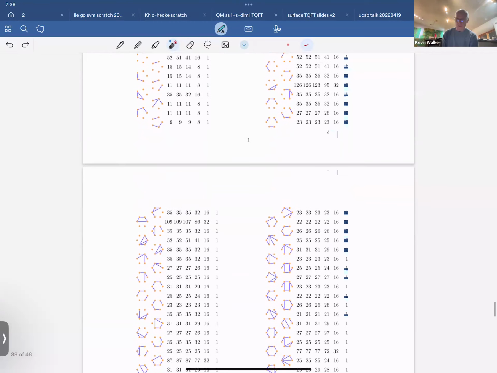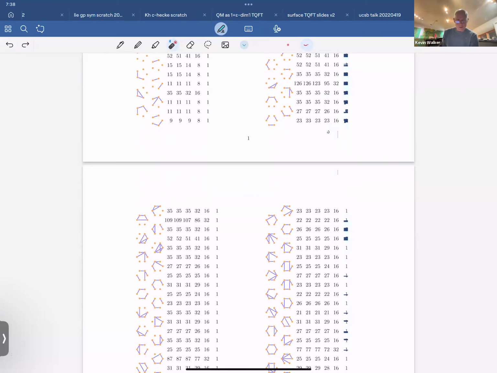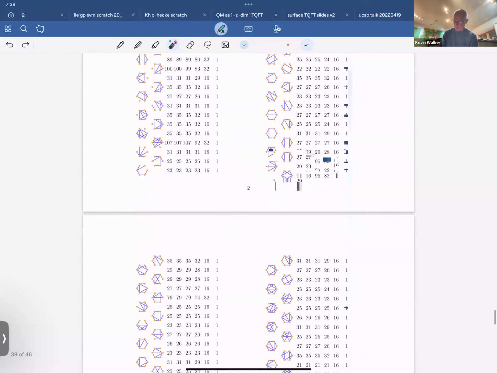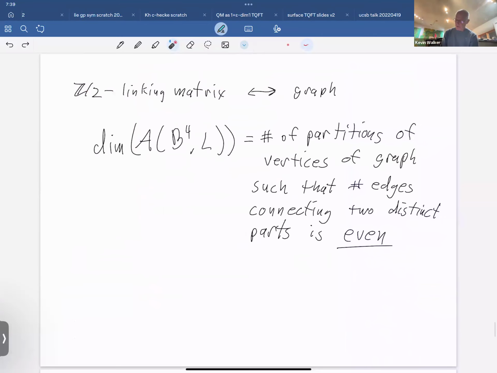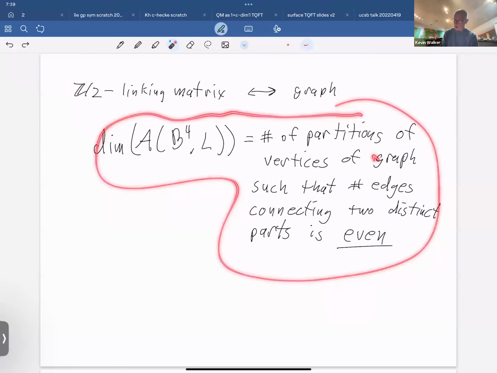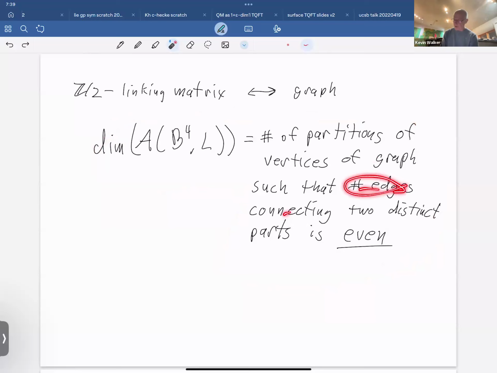If you plug some of these into the Online Encyclopedia of Integer Sequences, you don't find them, which suggests that this is some kind of new combinatorics, not old combinatorics. Anyway, it's computable. The way you compute it is you look at partitions of the vertices of our graph such that the number of edges connecting two blocks of the partition is even. So just count those up.